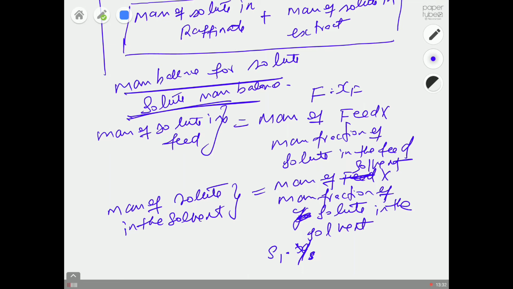There are so many books in chemical engineering, and for some reason everybody follows different notations, and I hate that sometimes. So try to keep these notations for this module. Fix this notation in your mind. X is what we use to refer to the solute in the feed, and we also use X to refer to the solute in the raffinate side.